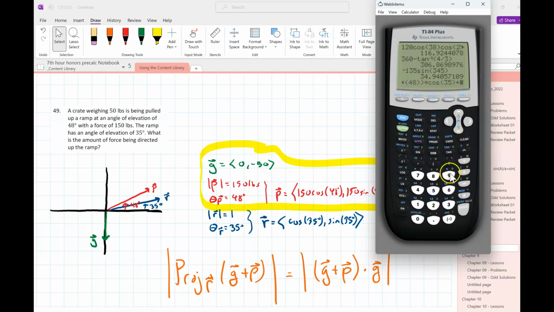And then a plus, and then negative 50 plus 150 sine 48, and then times sine 35. And 117.48.